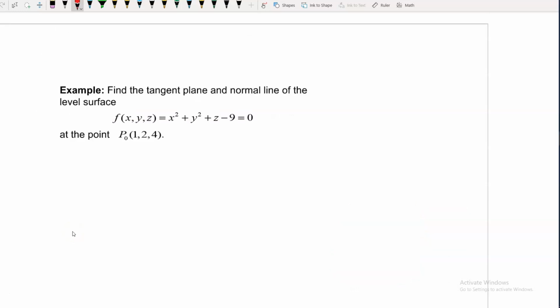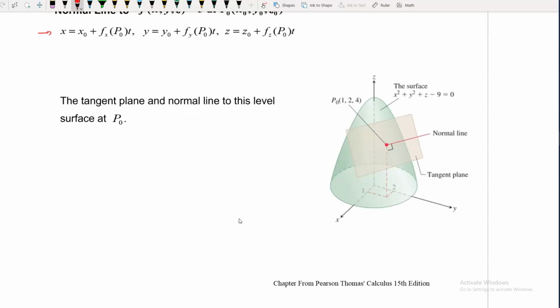Example: find the tangent plane and normal line of the level surface f of x, y, z equal to x squared plus y squared plus z minus 9 equal to 0 at the point p naught 1, 2, 4. So this is what we have for this example, the tangent plane and normal line to this level surface at p naught.